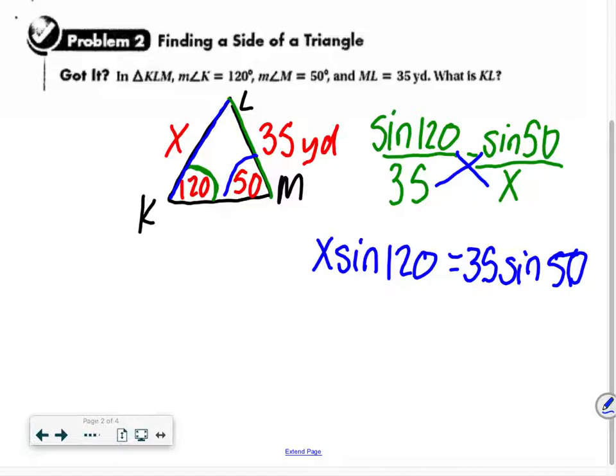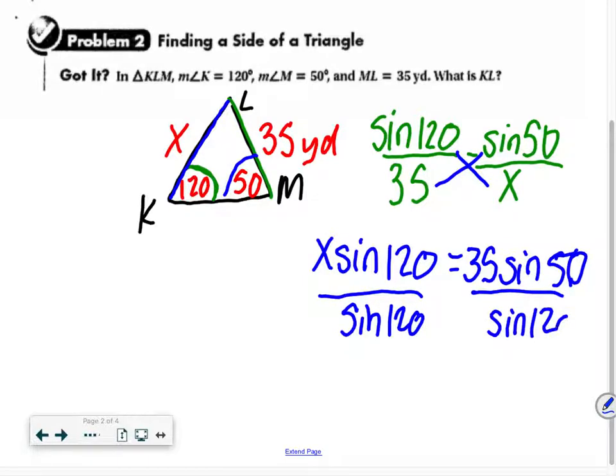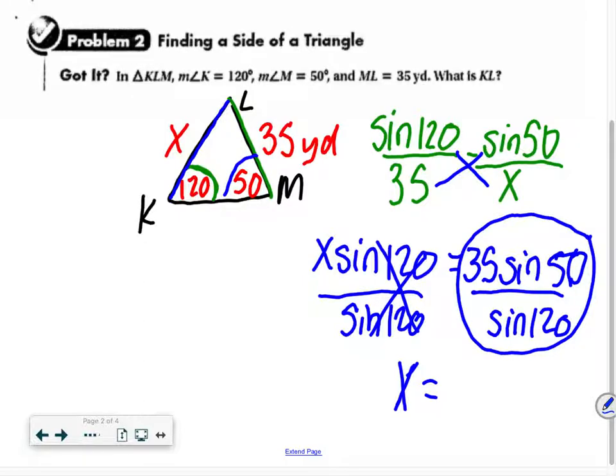On my left, how do I get x by itself? Good, divide by the sine of 120. What I do over there, I have to do over here. You can put this all in your calculator. I personally would do 35 sine of 50, enter, and then divide by sine of 120, but if you use parentheses correctly, you can do it all at once.